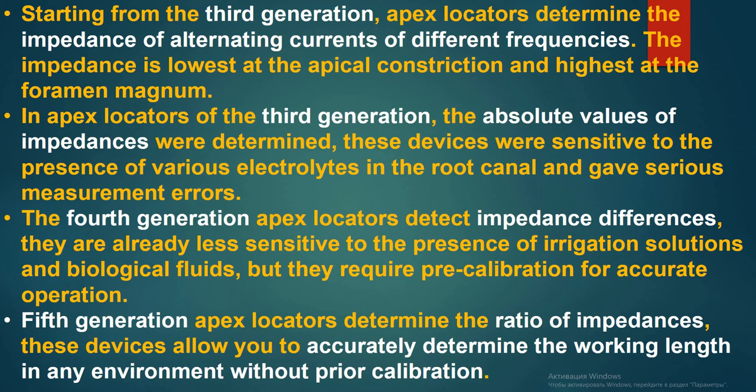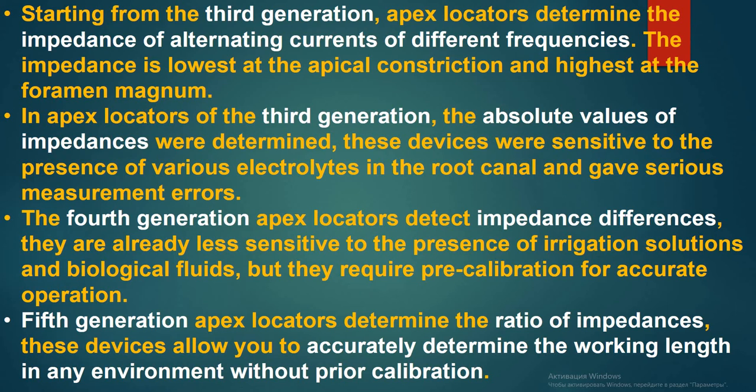Starting from the third generation, apex locators determine the impedance of alternating currents of different frequencies. The impedance is lowest at the apical constriction and highest at the foramen magnum.